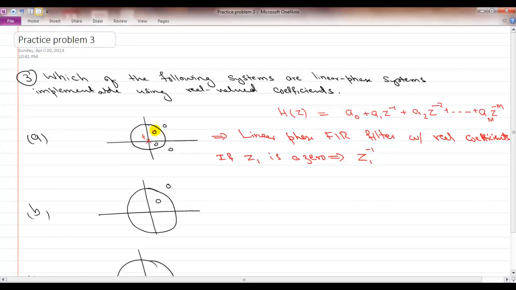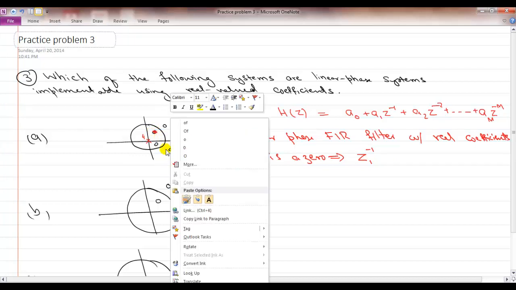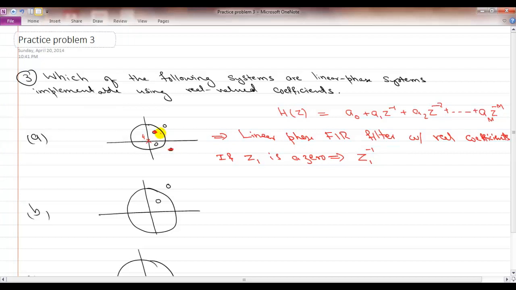So if this is a 0, then this had to be a 0. And the real valued coefficients mean that the zeros occur in conjugate pairs. So this had to be a 0 and this had to be a 0.